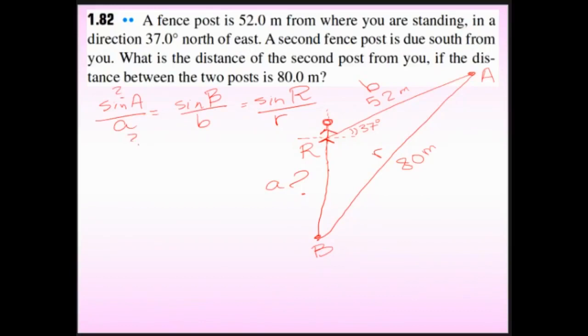Do I know angle B? No, I don't. Do I know length B? Do I know angle R? I can find it because technically this is 90. Do I know length R? Okay, this is weird. I can work with this, yet I can't find this.